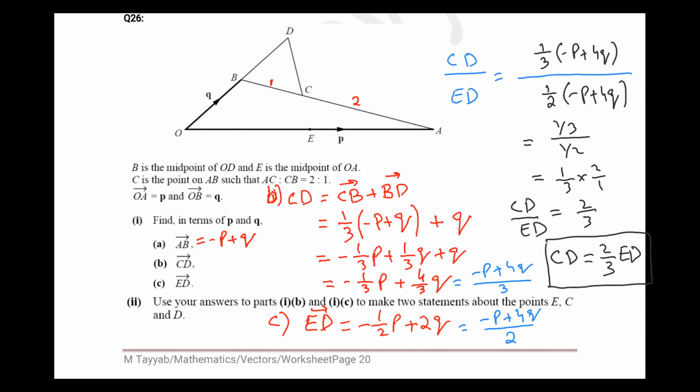So the two statements: because one vector is k times another and D is a common point, ratios are there. So you can say they are collinear, they are lying on a straight line. That's one fact. And the second statement we can tell about their lengths. The length of CD is 2/3 of the length of the vector ED.